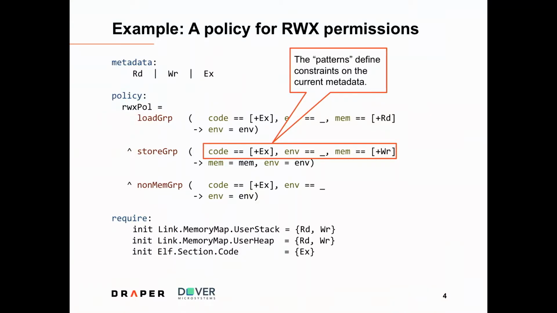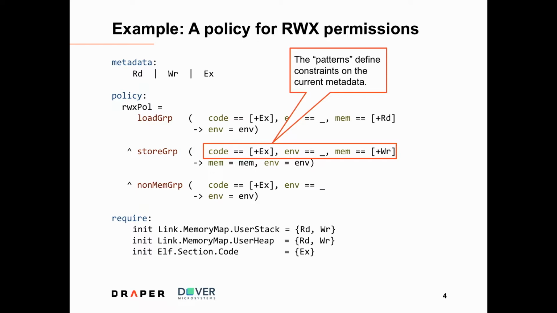Okay, the next part of the rule is the patterns. So these patterns also describe types of classes of instructions to which the rule applies. But this time, rather than being based on the opcode of the instruction, it's based on the metadata that we're tracking related to the memory and registers used by this instruction. So this rule is going to apply when the metadata associated with the memory word holding the code that is being executed has the execute tag.